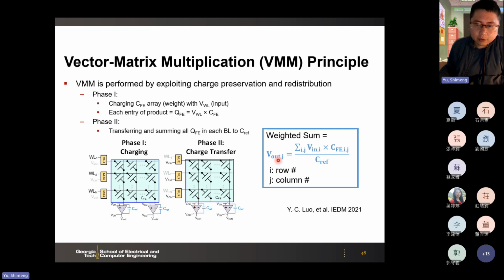Essentially, output voltage is the input voltage times the column capacitance, divided by the CREF. So this is essentially the input vector multiplied by the weight matrix. You get the output voltage vector here. So this is a charge domain computation. We charge up and then transfer the charge out.